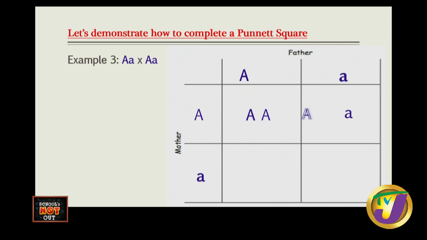But from the second parent, what are we noticing? We get capital A, the dominant allele. From parent 1, or the father, we're getting capital A. From parent 2, we're getting lowercase a. From the father, we're getting, again, lowercase a. And what's the next combination? Yes, we're getting another lowercase a from the mother.